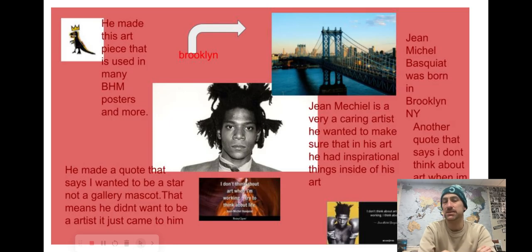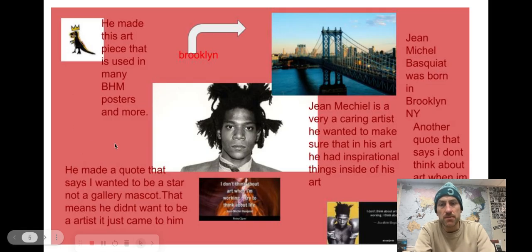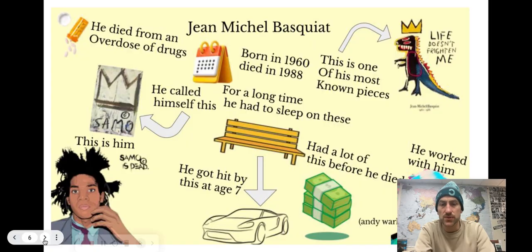I think this person learned a lot about Jean-Michel, but I don't get that idea. I am not going to learn much about him. Also, I know this is Brooklyn because I am older, I've been around, but not everybody's going to know that this connects with this. Those are things you're going to want to fix. Also, think about the spacing here.